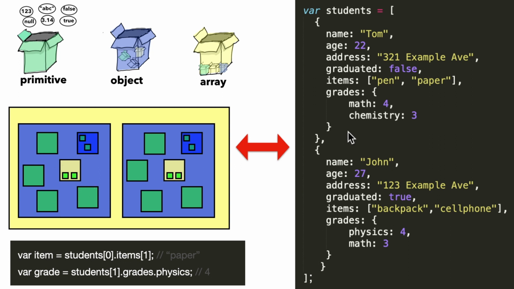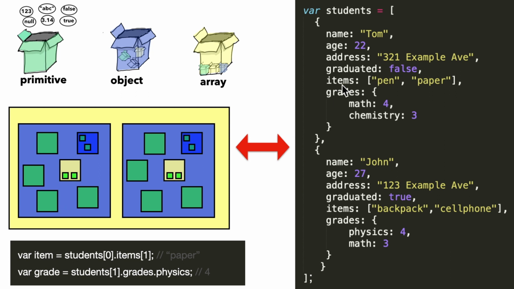Okay. So see, this is the first object, the first student is called Tom. And Tom, see this object? It has 6 properties within it. 1, 2, 3, 4, 5, 6. Just like here, right? Now 4 of these items are primitive, so we put 4 green boxes here.